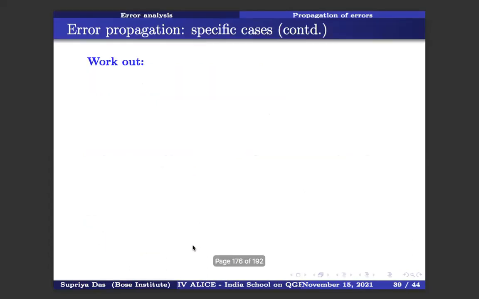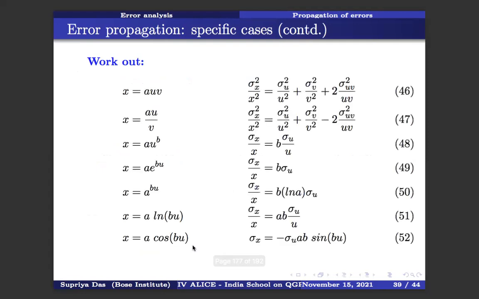Okay, so then I'll give you a long list. You know equation 41, the general rule for error propagation, and you can now work out at home that your x can have relations between u and v in many ways. This is a multiplication, this is a division, this is a power law, another power law, an exponential, this is a logarithm, this is trigonometry.